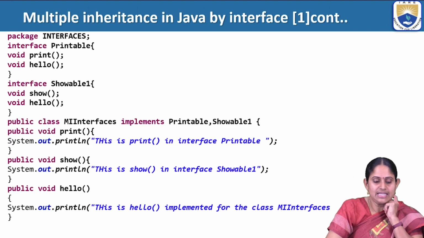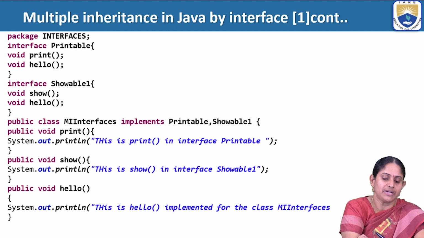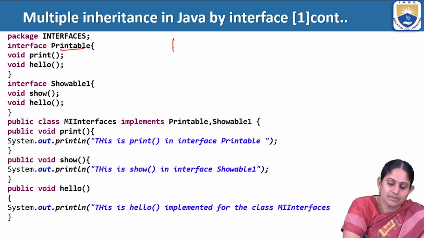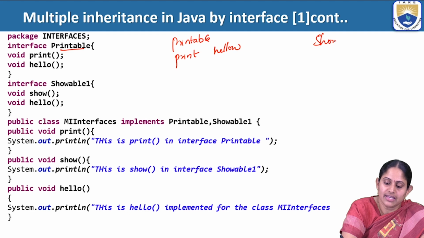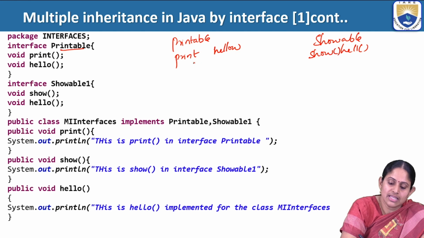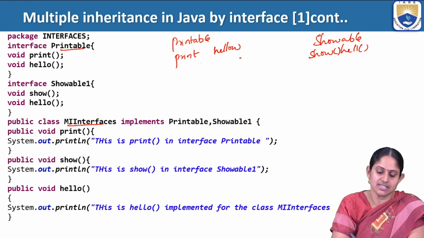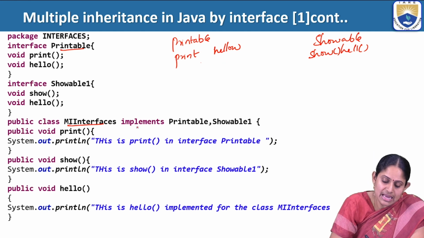Let's see an example wherein we have a printable interface, which has two methods, print and hello, and a showable interface, which has the methods show and hello. Now there is a third class, MI interfaces, implementing both the printable and showable interfaces.